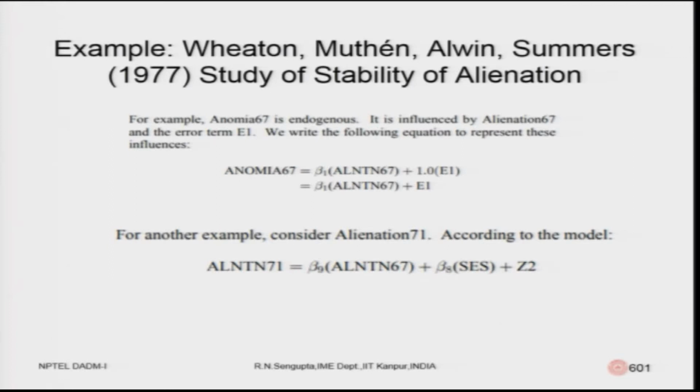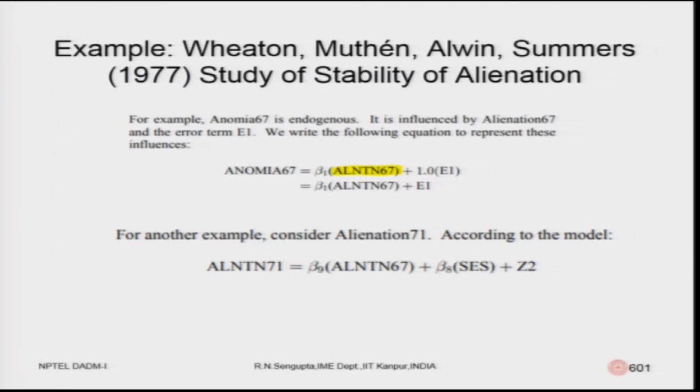Now, let us consider the example further. You will consider anomia of 67 as a linear structural equation of the following form. Alienation of 67 would be considered, and that would have the error term E1, and the error term factor is 1, while the factor related to alienation of 67 would be beta 1, which we need to find out, and that will give us the level of dependent structure.